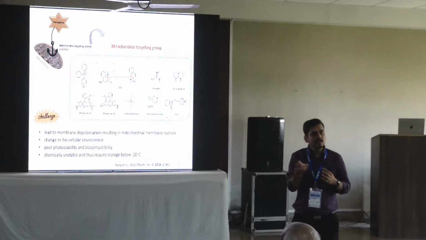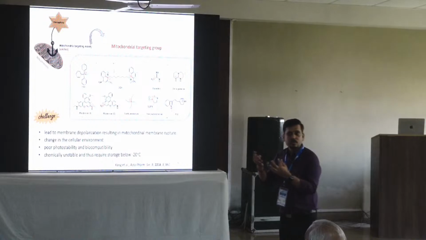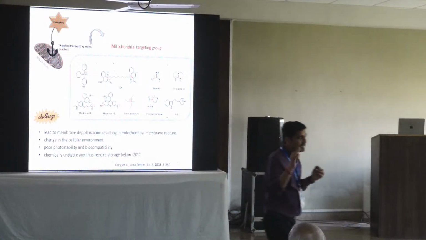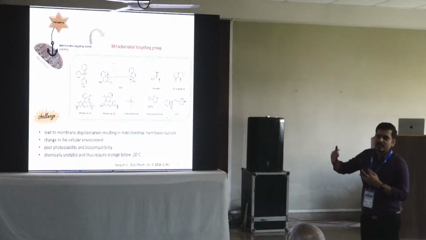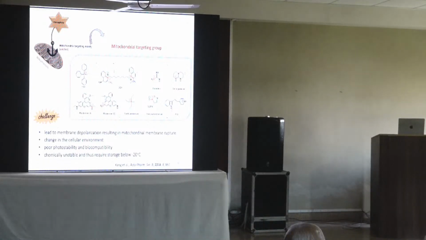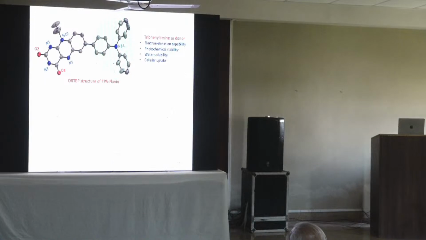That means inside the cell, if the oxygen concentration is low, that's the hypoxia condition which prevails in certain disease states. So can we monitor that? We cannot monitor that with these analogs. So what we have tried to develop is a small, simple molecule, if we can.